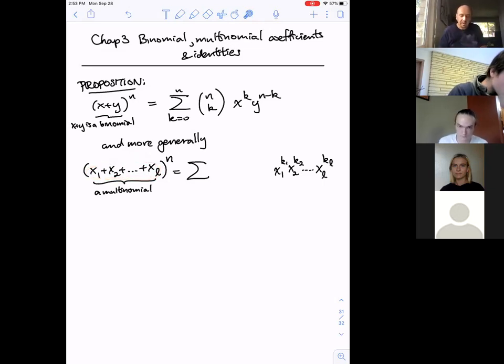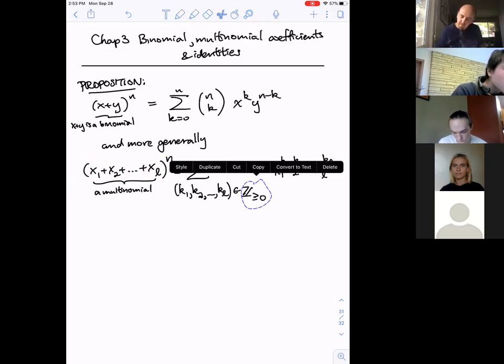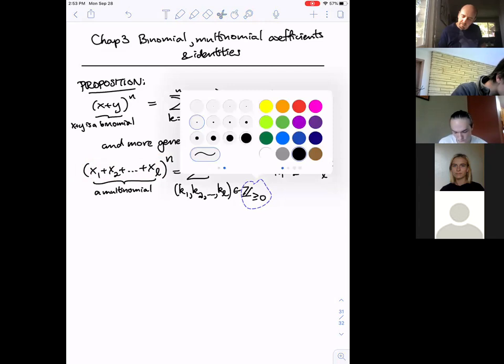And when I raise it to the nth, I'm going to get a bunch of terms that are of degree n. So these exponents better all add up to n. K1, K2, up through KL are, let me emphasize, integers, and they're non-negative integers.